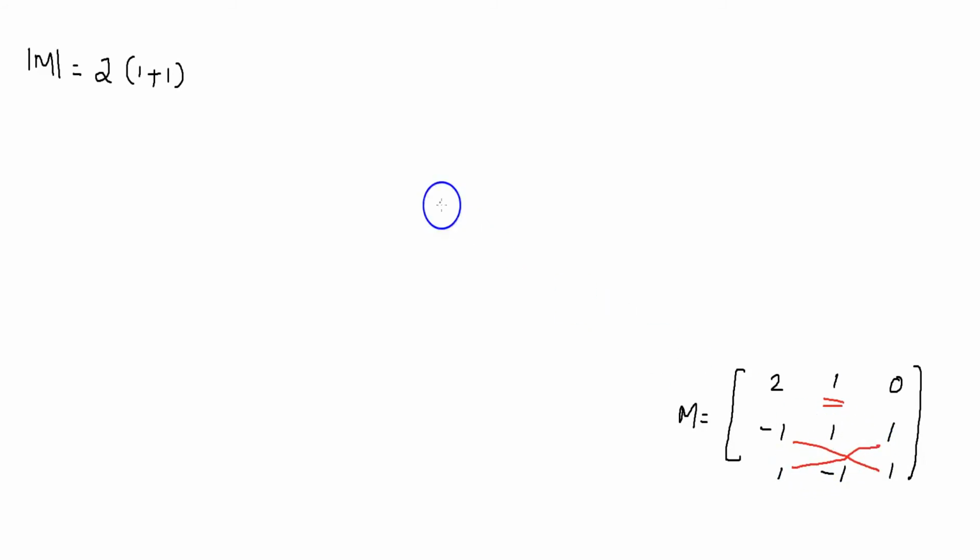Here A12 is minus 1, and after multiplying minor of A12 we get minus 1 minus 1, plus A13 into minor of A13.